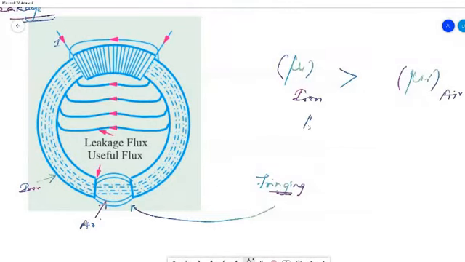In the case of iron, the magnetic flux will pass easily, whereas in the case of air it will be relatively less compared to this iron rod or iron ring. In this particular place, where there is a change in the medium, there will be a bulging effect. The effective cross-section area here will be less compared to this area where there is bulging, or this air gap where there is bulging.